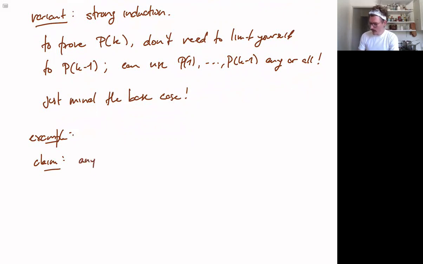So any amount of change of at least 12 cents can be made from 4-cent and 5-cent coins.